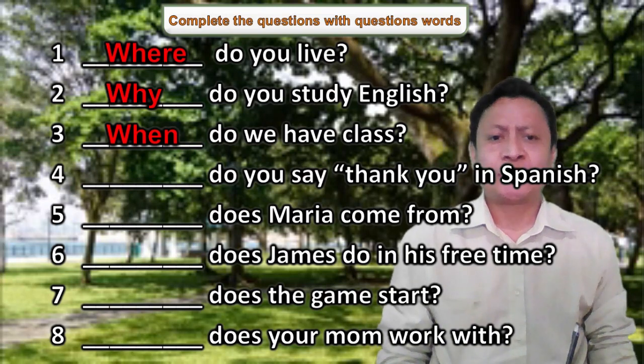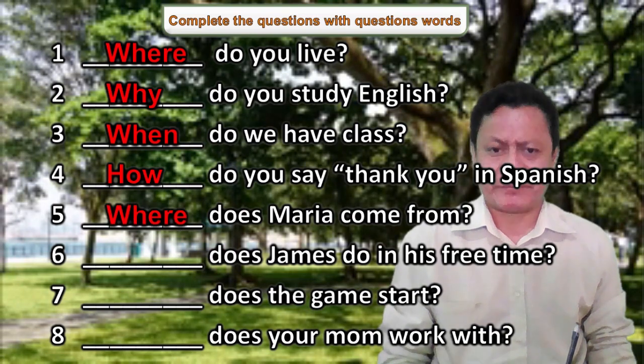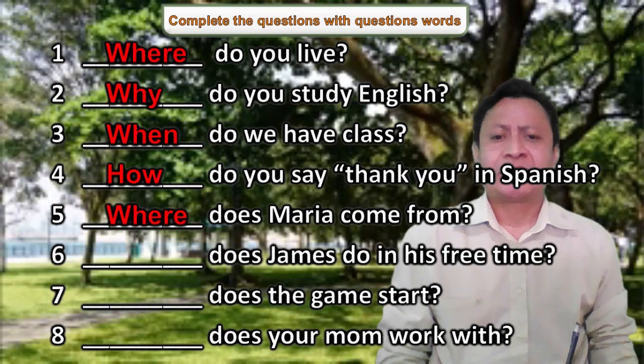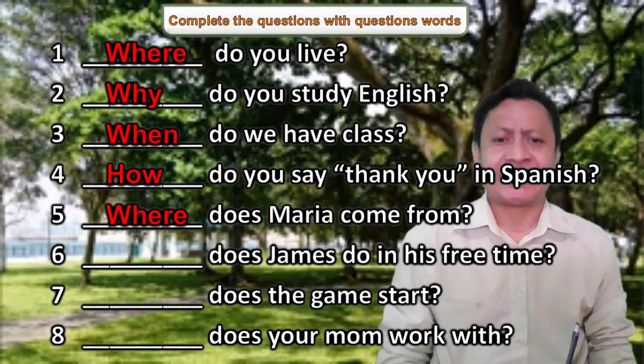Next one. We have, do you say thank you in Spanish? It's asking for the manner, the form. So we use how. Next one. Does Maria come from? It's asking for place, so we use where. Where does Maria come from? Next one. Does James do in his free time? It's asking for an activity.